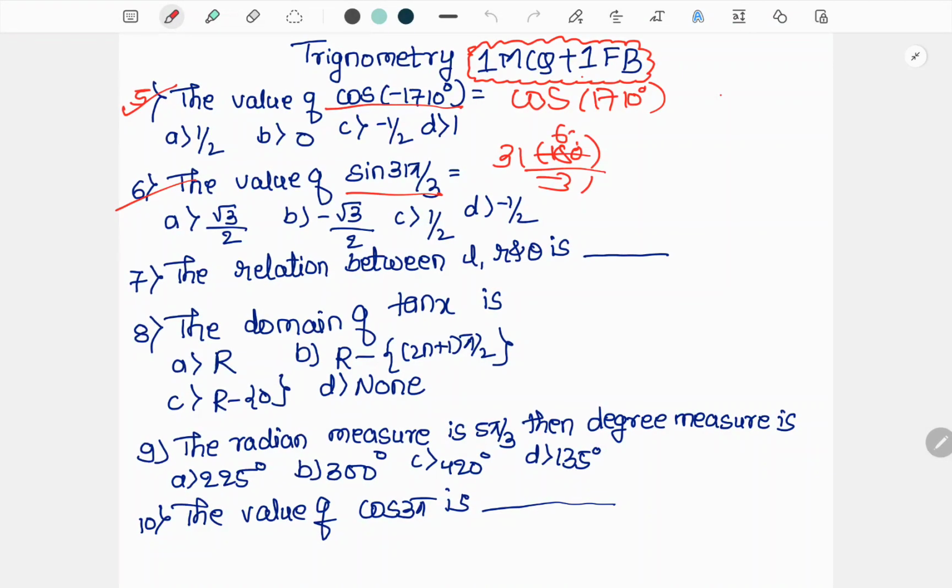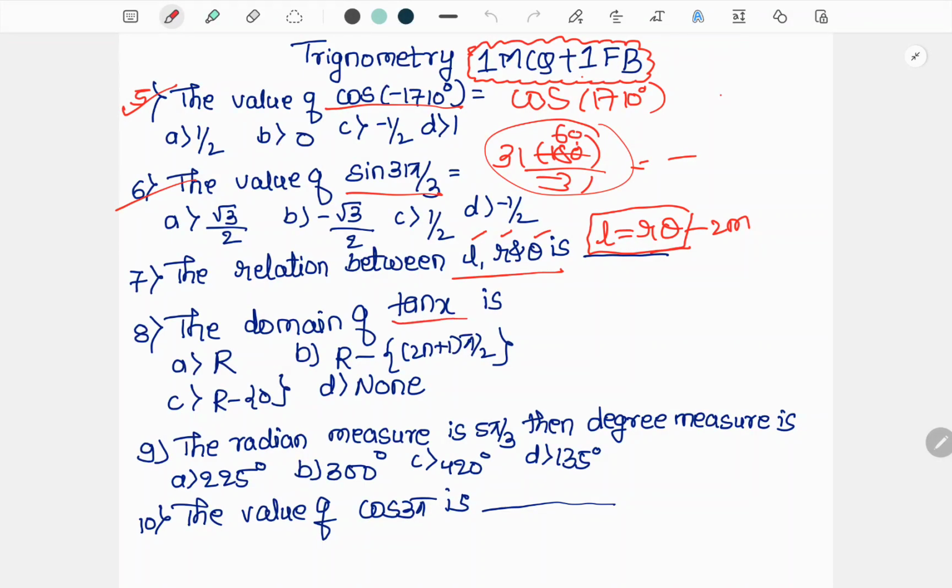So 3 ones are 3, 3 sixes are 18. So you can do this. The relation between L, R, theta. See, you people know the relation between L, R, theta. L means arc length, R means radius, theta means angle. So that is L is equal to R into theta. So based on this you practice problems also. Sometimes they will ask for 2 marks.